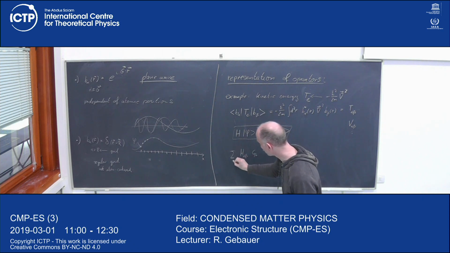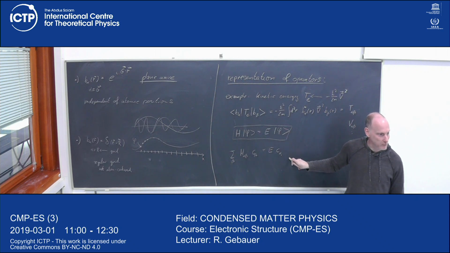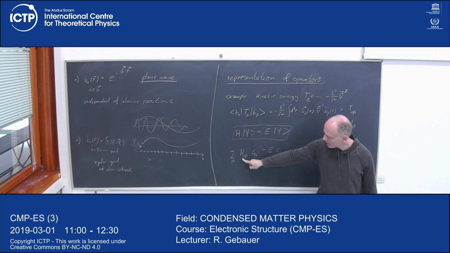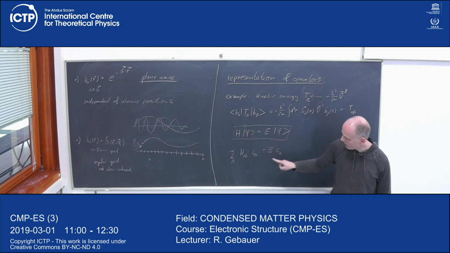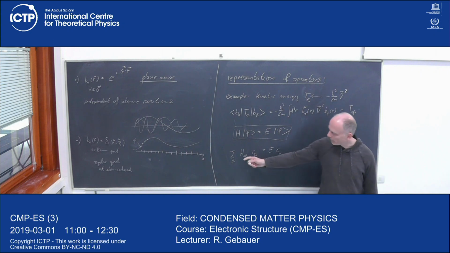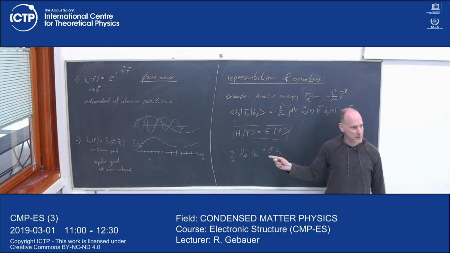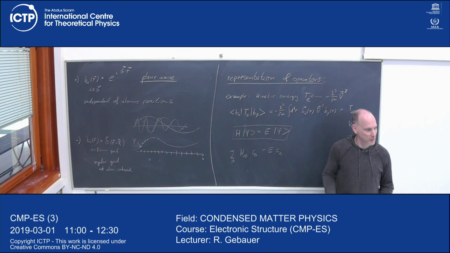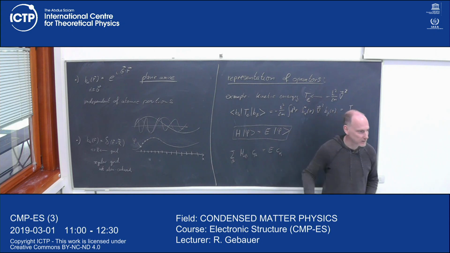Here you will have a sum over beta. So this here is now a matrix eigenvalue equation. You have a matrix H, you have a vector of the dimension of the number of basis functions you have, here with the same vector. So you have a matrix times a vector is eigenvalue times a vector, and you just have to solve, and this a computer can do, linear algebra with numbers, and it diagonalizes a matrix.